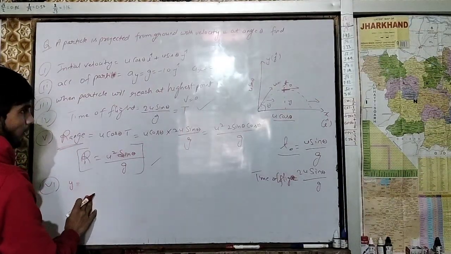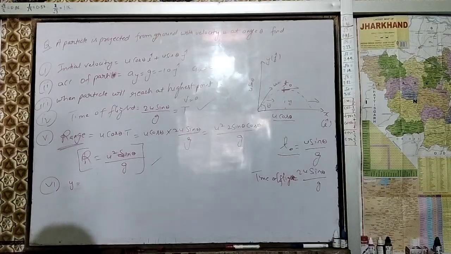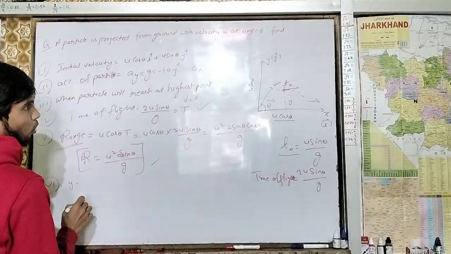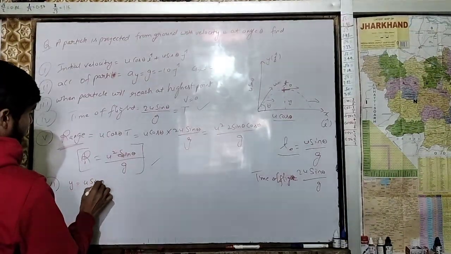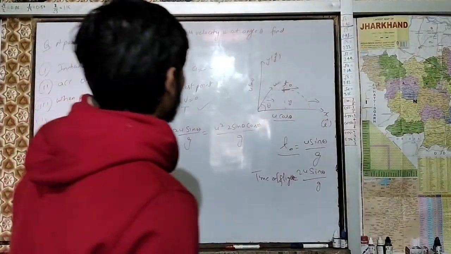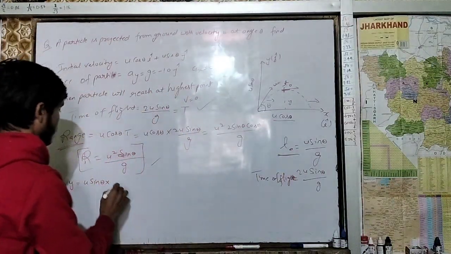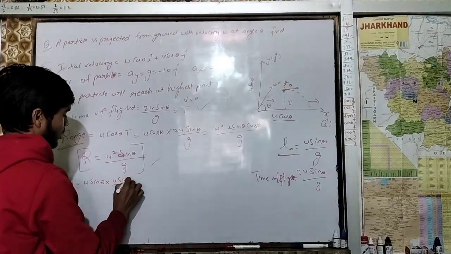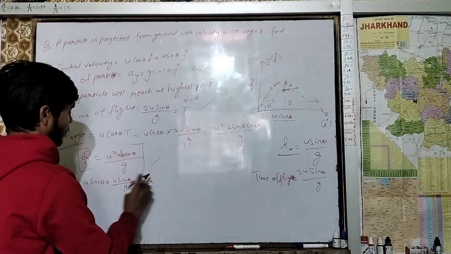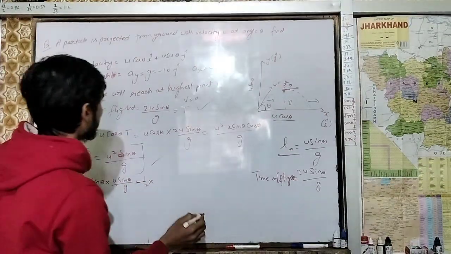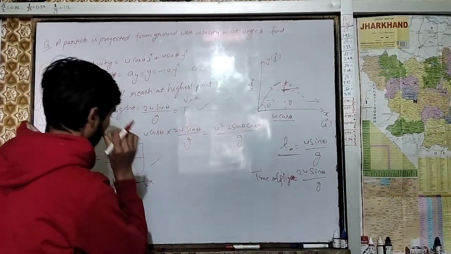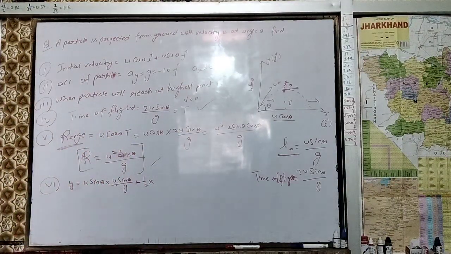Using s = ut + half a t square, u is u sin theta, t is u sin theta upon z, plus half times a t square. So a is going to be minus 10, or you can say z.